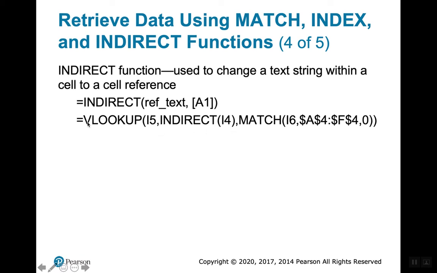All right, so we can combine an INDIRECT with a VLOOKUP. By using a combination of the MATCH and the INDIRECT, we can effect a VLOOKUP to find data within a table. Now, as I said, especially with the Boolean logic and the search logic, as we start making these things more complicated, sometimes it's harder to follow.